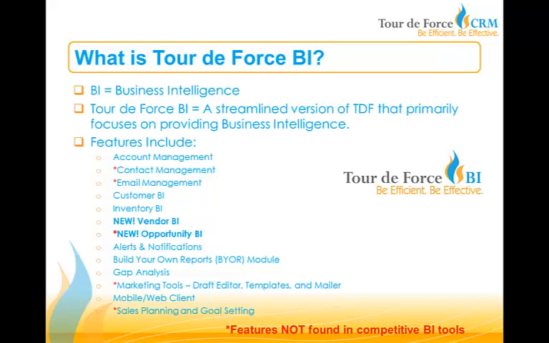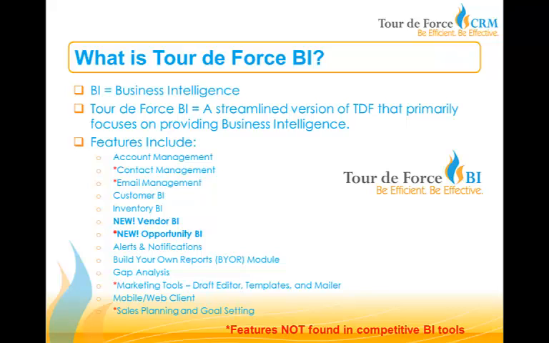Alerts and notifications is a very popular feature in our core enterprise CRM that allows you to build reports and distribute those reports, or just email users on any interval that you'd like on what's happening.